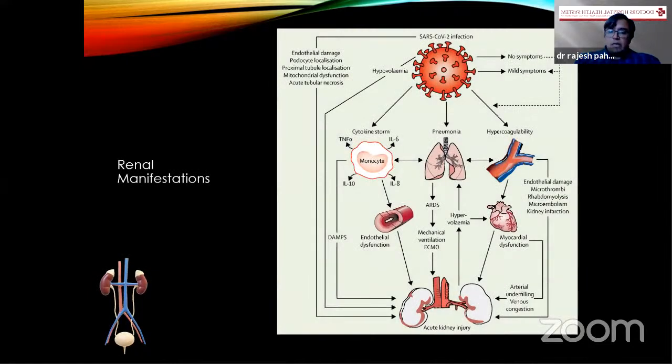So again, the renal injury can be multifactorial. It can be direct invasion of the virus into the endothelial cells, the podocytes, the location of the proximal tubular, the location of the ACE receptor, or it can be indirect because of the hyperimmune response or because of the multiple failing organs.